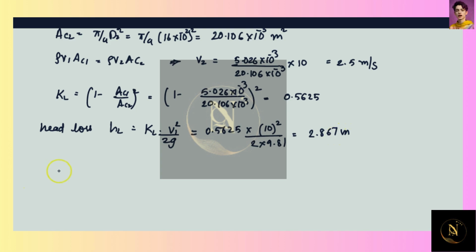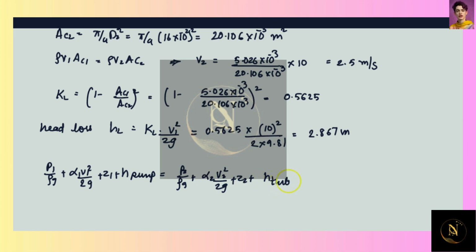Using the energy equation for the expansion: P1 by rho g plus alpha 1 V1 squared by 2g plus Z1 plus the head added by the pump equals P2 by rho g plus alpha 2 V2 squared by 2g plus Z2 plus the head removed by the turbine plus the total head loss.